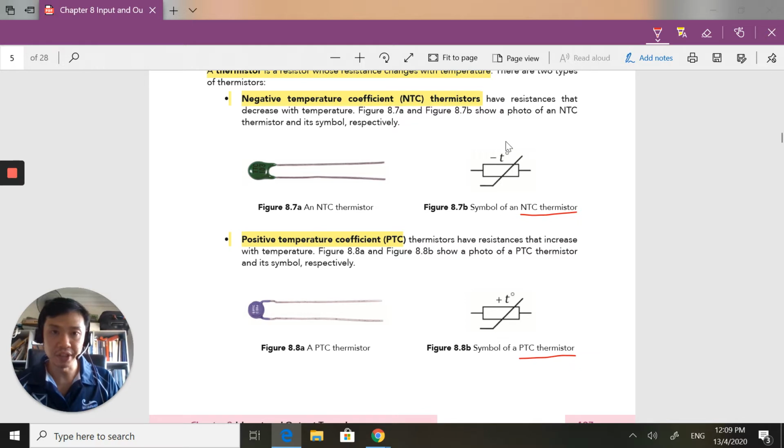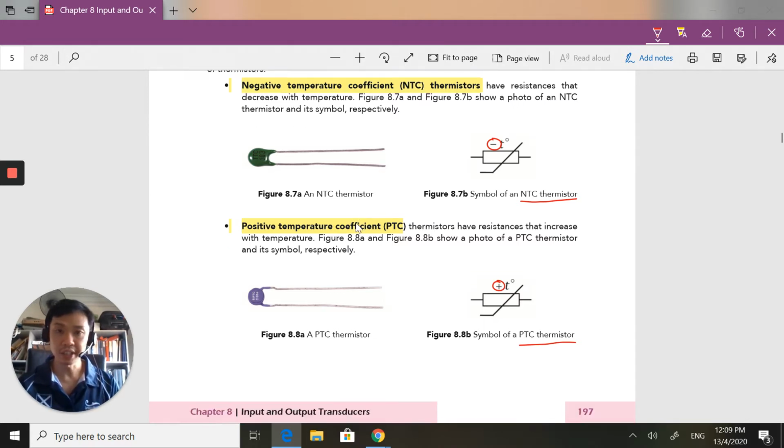The only difference is that NTC has a negative sign here, a PTC has a positive sign here. So this is how NTC and PTC look like. There is no polarity, so you can plug it in any way you like.